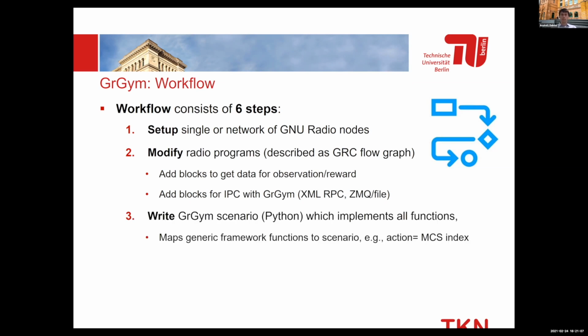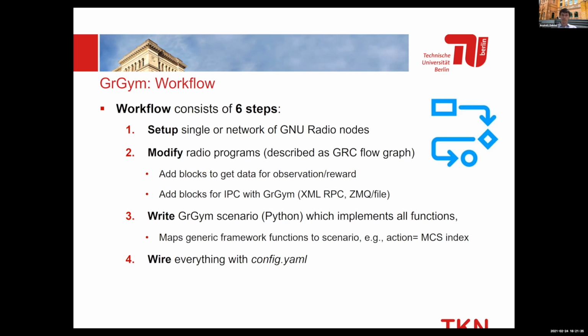The third step is you have now to write the GrGym specific scenario class, which is a Python class, because this is needed to map the generic framework functions to specific functions. For example, here you are introducing the semantics. So if you say an action is not just a numerical value, it's a modulation coding scheme to be used for the transmission, for example.